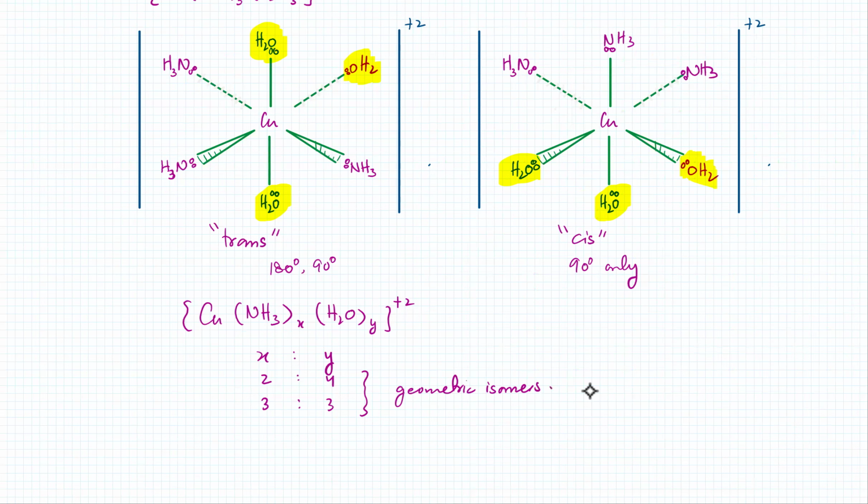The ligands could be distributed the way I've shown you. You're not going to have geometric isomerism for the other combination. The total is six, right? Because it's an octahedral complex. So what am I left with? I'm just left with one and five, right? In one and five, you're not going to get geometric isomerism. Over here, you're going to get geometric isomerism.